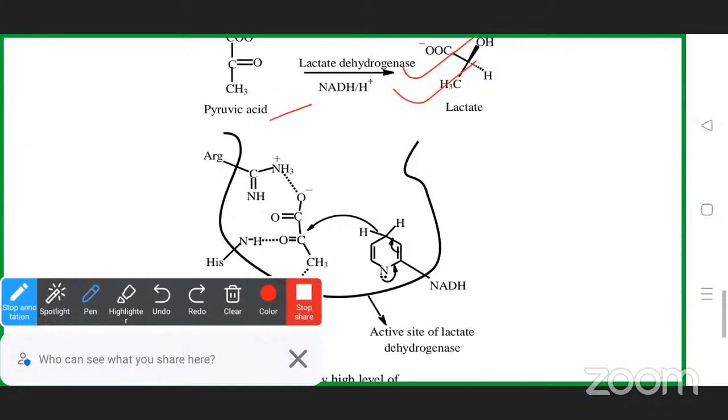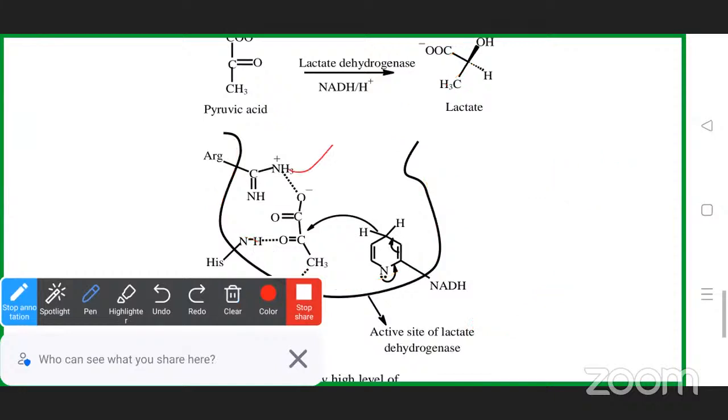How the stages change, how the active site of the enzyme, the lactate dehydrogenase, looks. You see this, right?